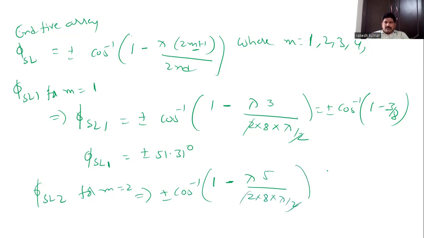Lambda will get cancelled. That is equal to plus or minus cos inverse of 1 minus 5 by 8. So therefore, SL2 is equal to plus or minus 67.97. Okay. Now let us go for the third one.